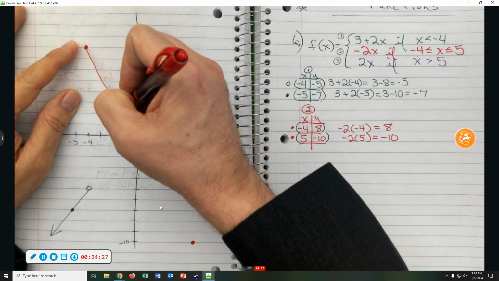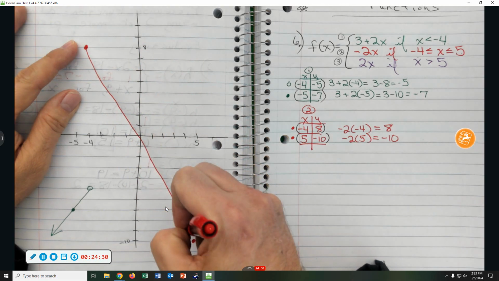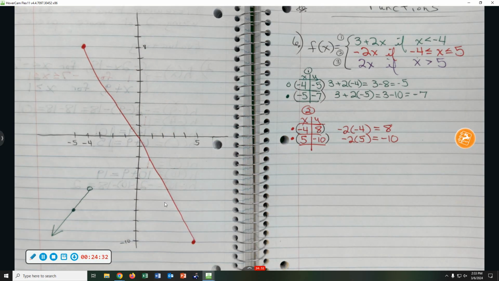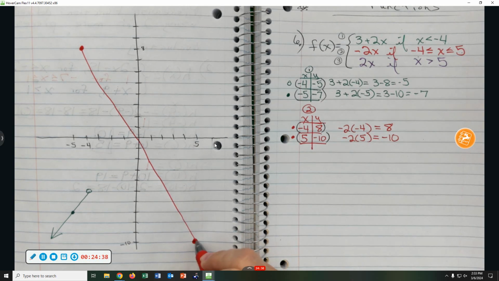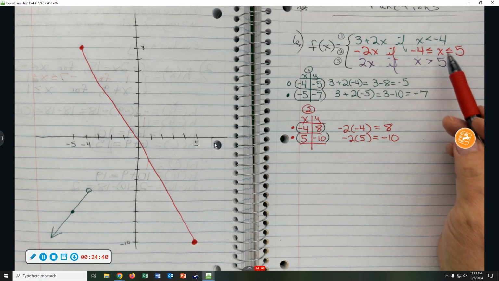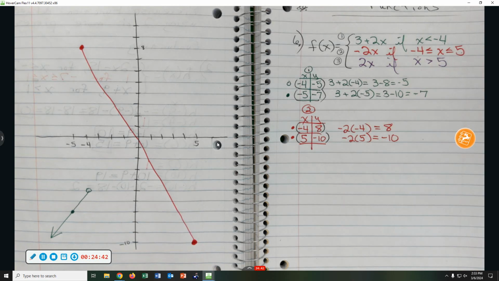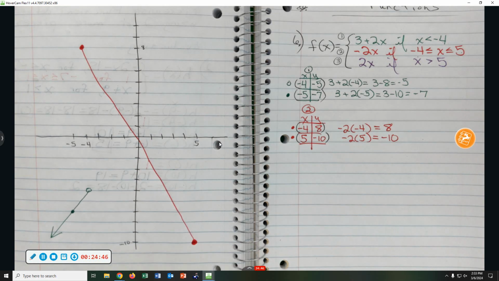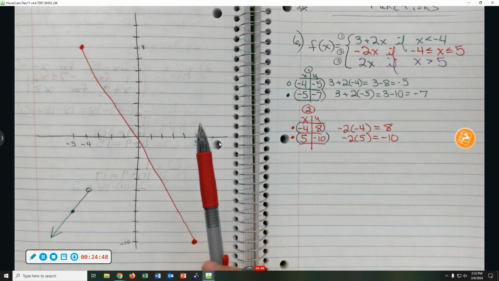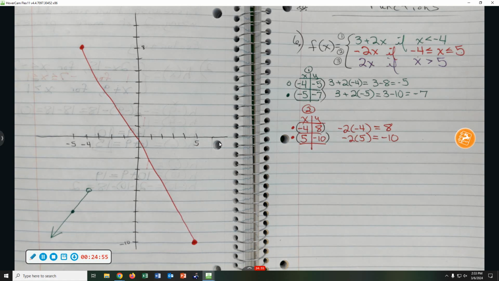So it is just a closed line segment. Both endpoints are closed circles. That middle piece does not keep going forever. It starts when x is -4. It stops when x is +5.